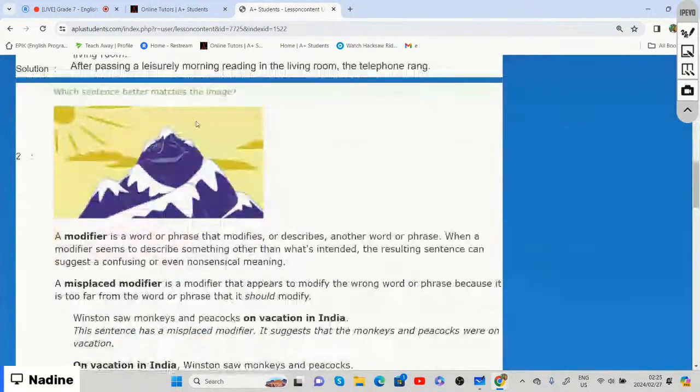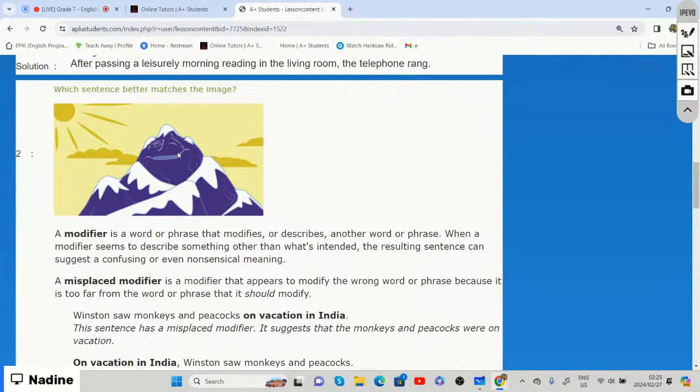So we need to now decide again which sentence better matches the image. And if we look at this image, it is basically a mountain with snow on it, but it looks like an old man with almost like a cloak on.